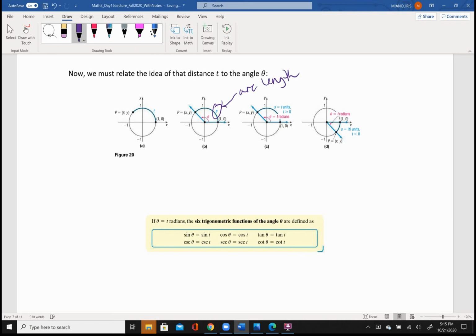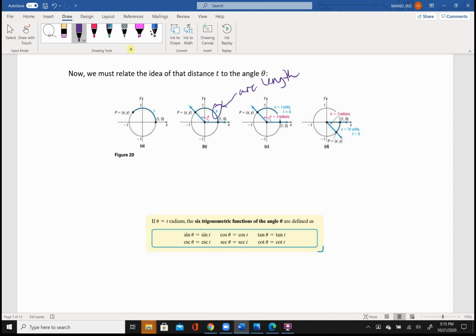And what was the relationship between arc length and radians, the radian measure theta? Well, that radian measure theta was that many radians, basically. So as long as the radius was equal to the arc length there, then the radian was just that many radians.